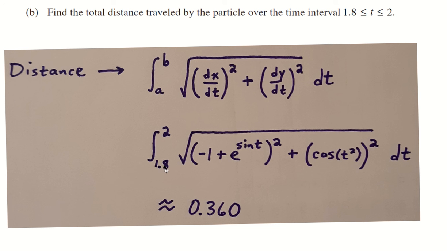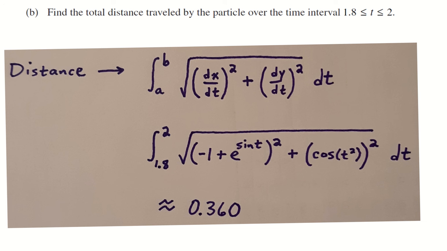So in our case, it boils down to the time interval 1.8 to 2. So we're integrating from 1.8 to 2 of this, and you can just throw that in. This was a calculator required portion of the test, so you would just throw that into your calculator and get this.